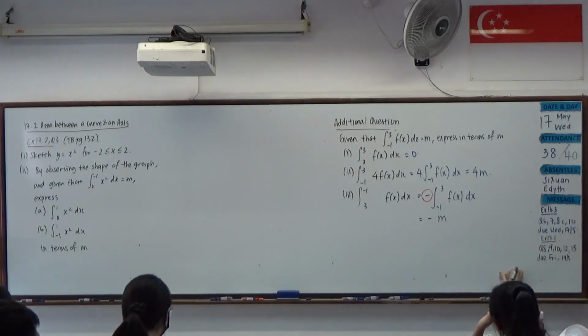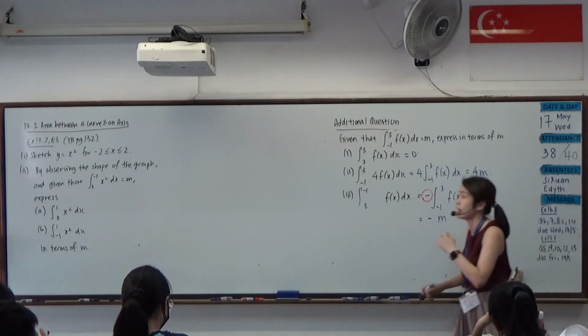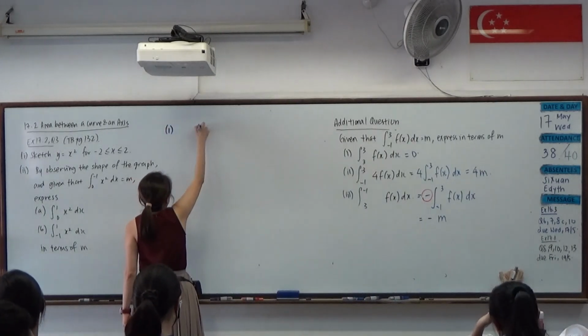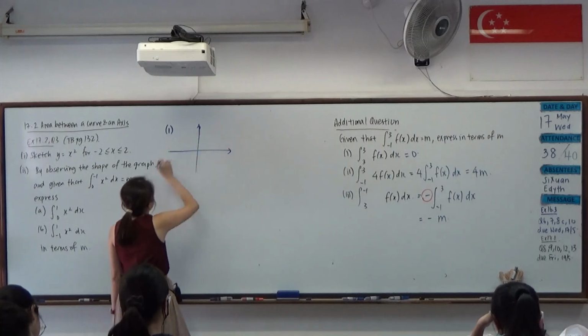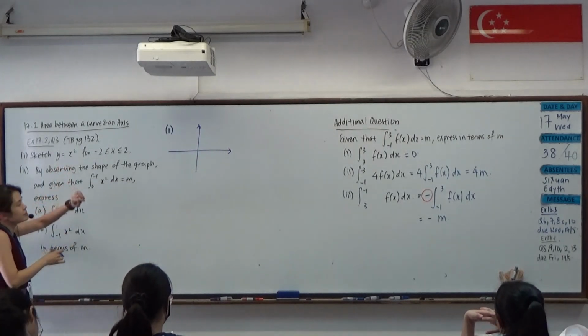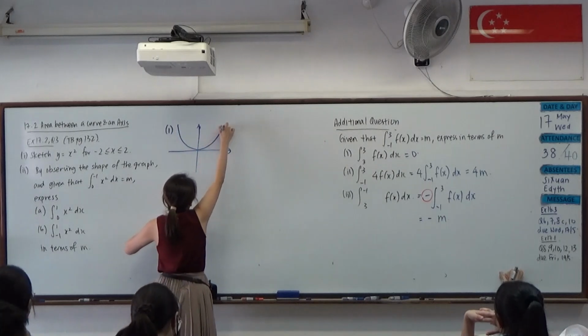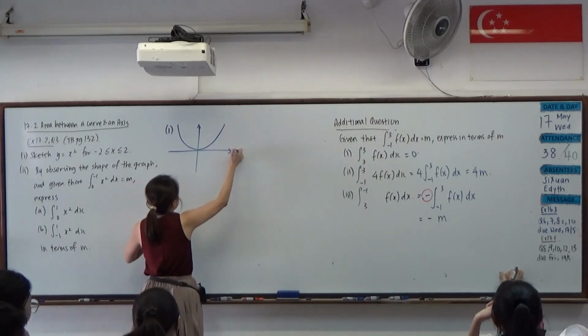Question 3, part I. We want to sketch the graph of y equals to x squared. I hope that you know what y equals to x squared looks like. So it is your quadratic curve. Coefficient of x squared is positive, so happy face. And it must pass through the origin and be symmetrical about the y-axis.